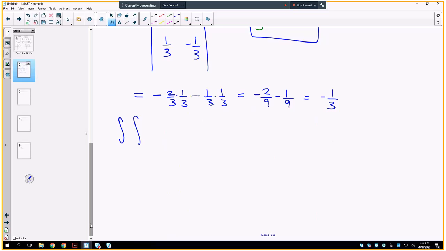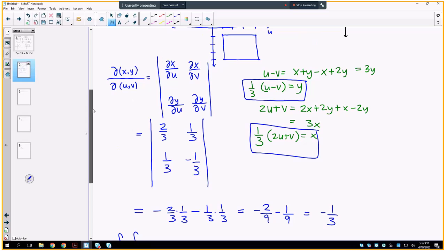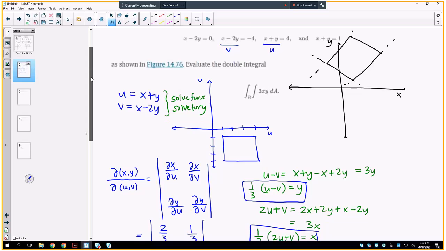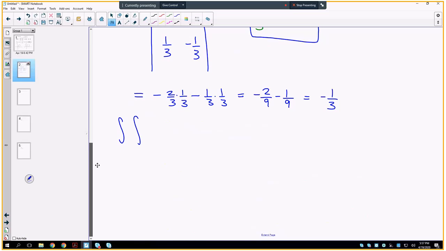And I said that my bounds for v were going to be -4 to 0. My bounds for u were 1 to 4. My function is 3 times x times y.